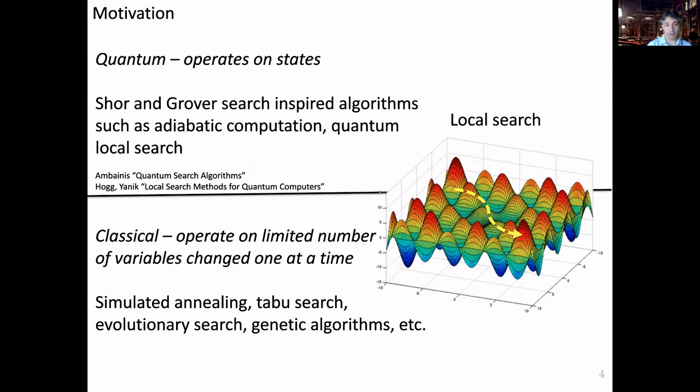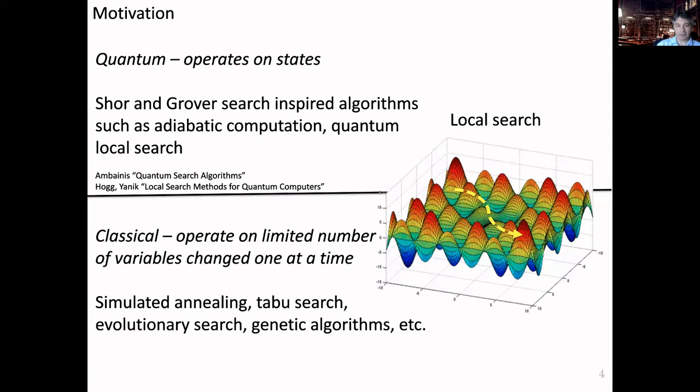Okay, so there exist many different strategies in both classes. Of course, the classical case is much bigger. The examples include algorithms like simulated annealing, tabu search, or evolutionary search, genetic algorithms.